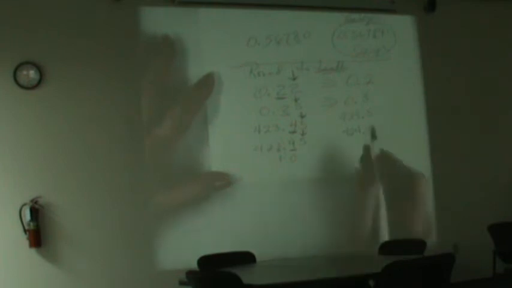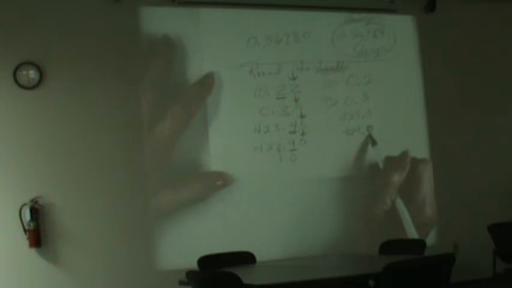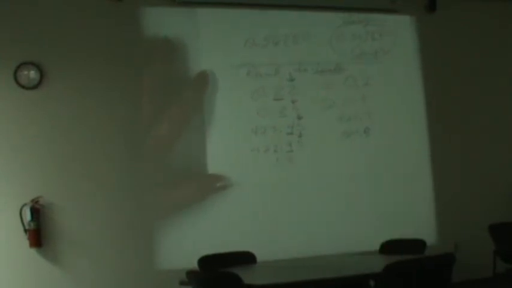So we would have 424.0. If you're rounding to the 10th, make sure you leave a number in your 10th place, even if it's a 0. Anything following that number gets dropped off.